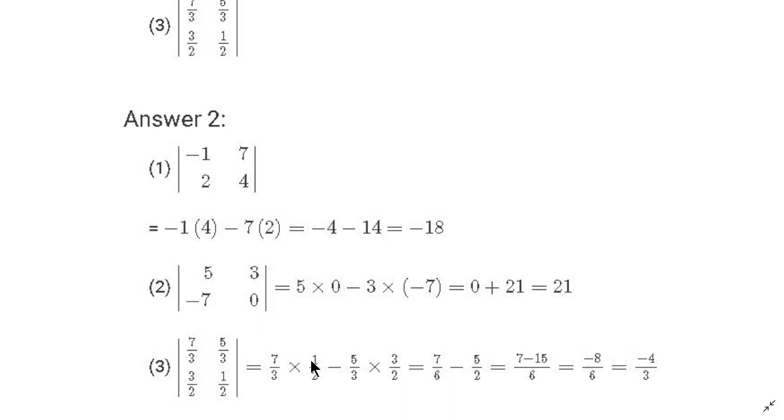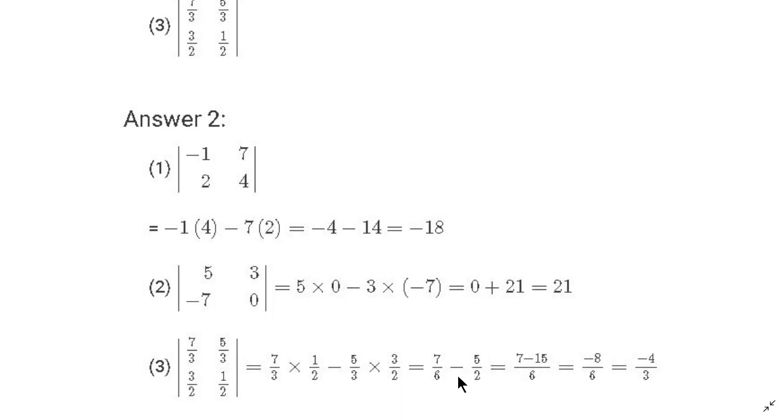So calculate it. 7 into 1 is 7, 3 into 2 is 6, minus 5 into 3 is 15, and 3 into 2 is 6. Here it should be 15. I write here 7 minus 15 upon 6.